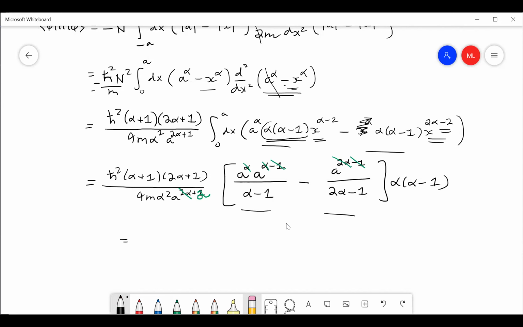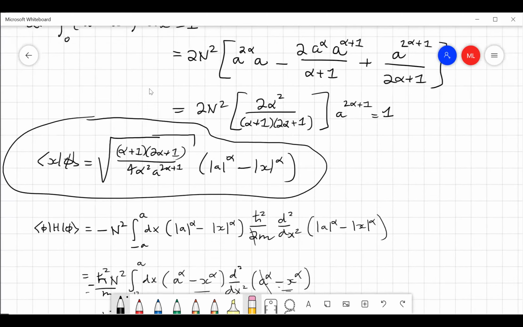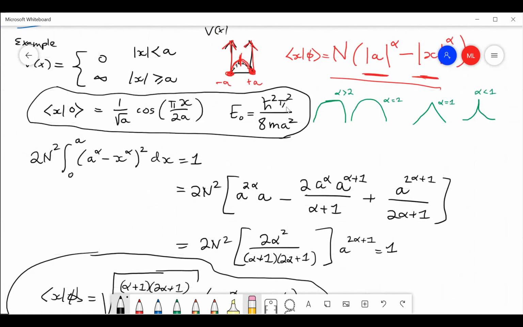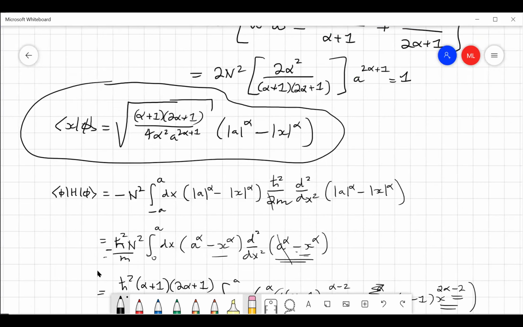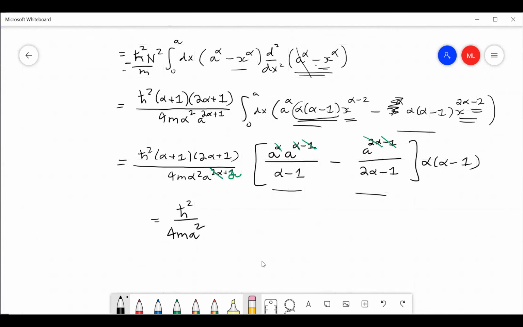And then the other factors, they reduce to, well, first of all, let's write out what we know. It's h bar squared over 4ma squared. You see it has to have the same units as the solution we had before. And it does, h bar squared over ma squared. So that's good. And we'll have to see if that number out in front is going to be close to pi squared over 8 or not, after we minimize.